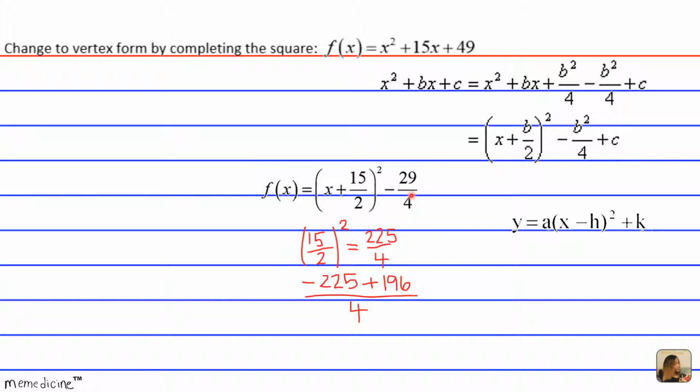Negative 29 over 4 is our k term. So this might seem a little circuitous, but what we just did was complete the square. It's really easy. And if you don't know, just use this format.